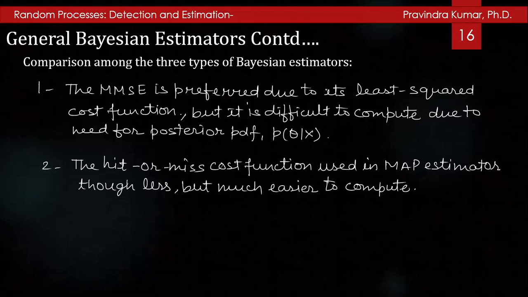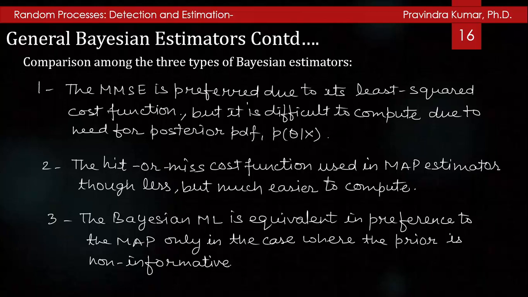The hit or miss cost function is used in the MAP estimator. Though less preferred, it is much easier to derive since there is no need to integrate. We only find the maximum of the posteriori PDF p theta given x, which can be done either analytically or numerically.